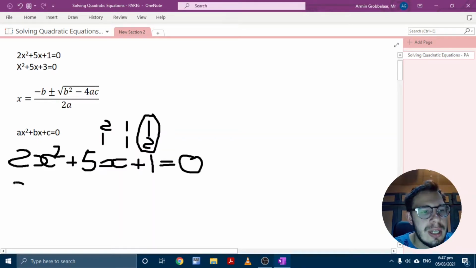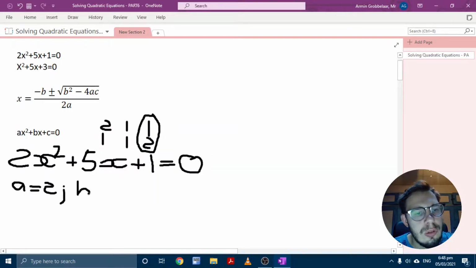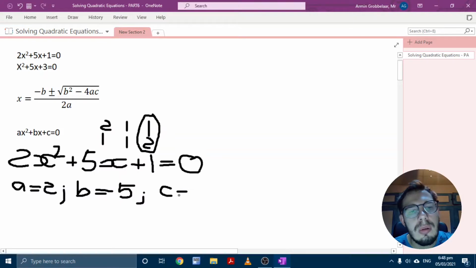So now we can say a is equal to 2, b is equal to 5, and c is equal to 1. So now it all just comes down to substituting these three numbers into this formula.